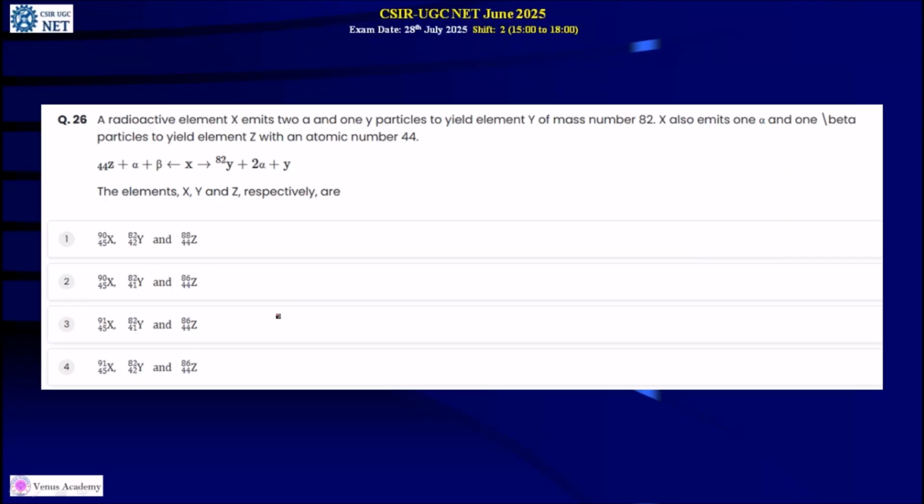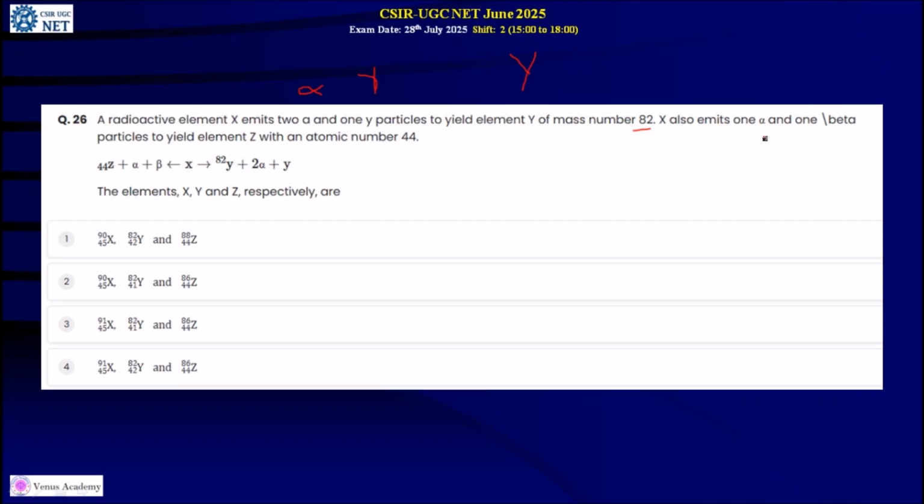Next, question number 26. A radioactive element X emits 2 alpha and 1 gamma particles to yield element Y of mass number 82.